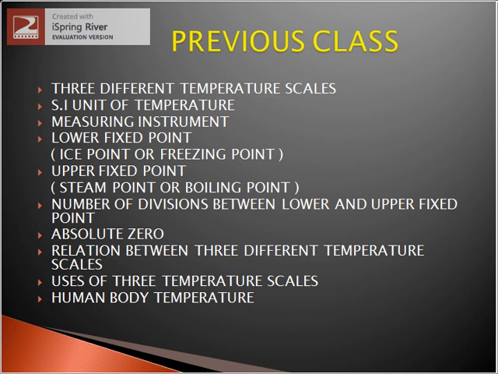For each scale we also know the number of divisions between lower and upper fixed point. In Celsius scale it is 100 divisions, in Fahrenheit scale it is 180 divisions, and in Kelvin scale it is again 100 divisions.